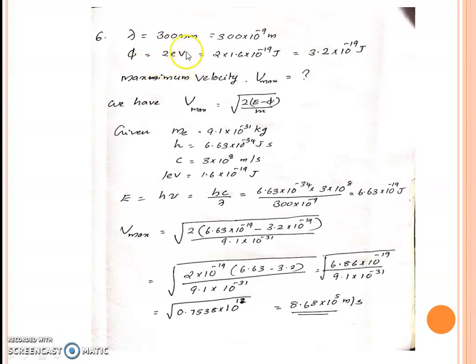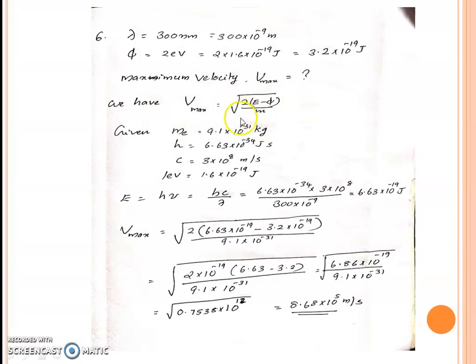To solve the problem, we have to convert the unit electron volt into joule. We have 1 electron volt equal to 1.6 into 10 raised to minus 19 joule. Therefore, phi equal to 2 into 1.6 into 10 raised to minus 19 joule, which is equal to 3.2 into 10 raised to minus 19 joule.